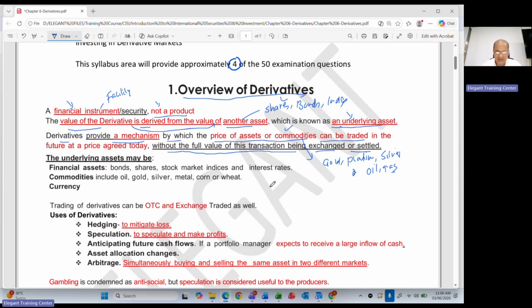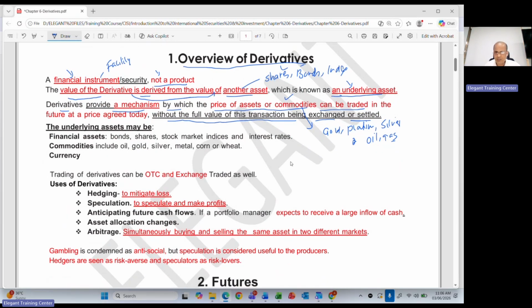If I have to give you an example, suppose you have 1 million shares bought at 10, let's say 6 months before. Now the market price is 6. How much did you buy at? You bought at 10. Now it is 6, right?